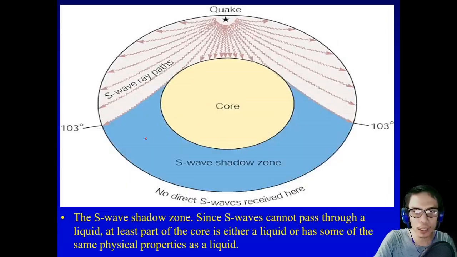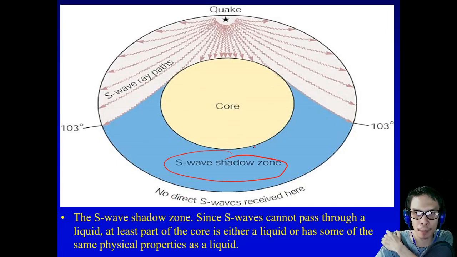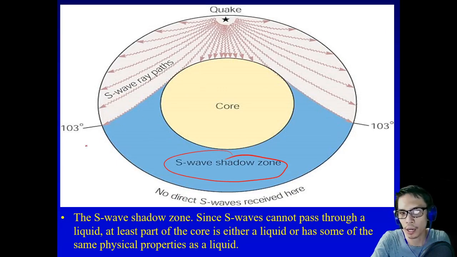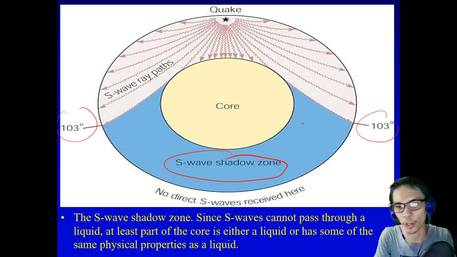Not only that, but there is also an S wave shadow zone. The S wave shadow zone is larger than the P wave shadow zone. It starts around 103 degrees of arc on this side, and it goes to another 100 degrees of arc on the other side of the Earth.